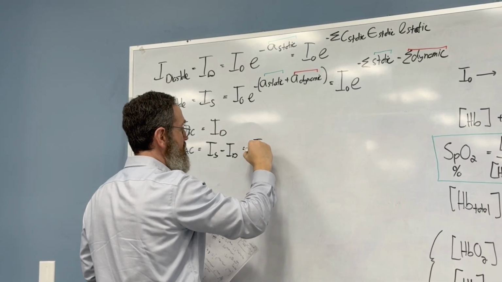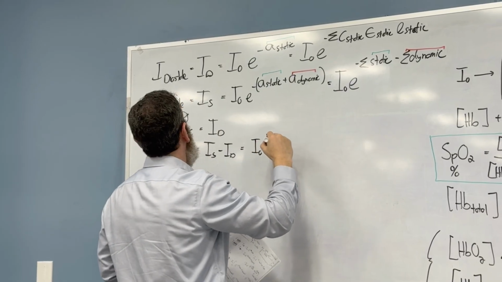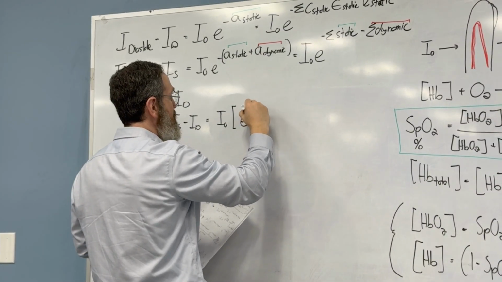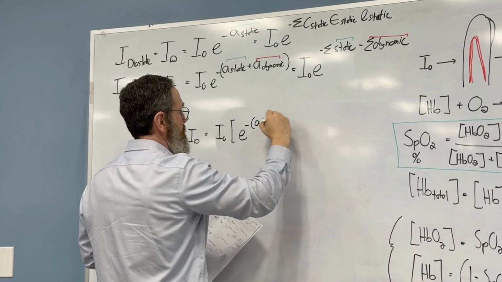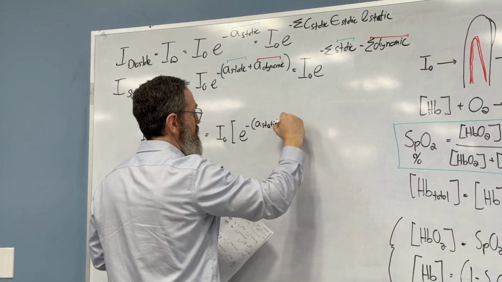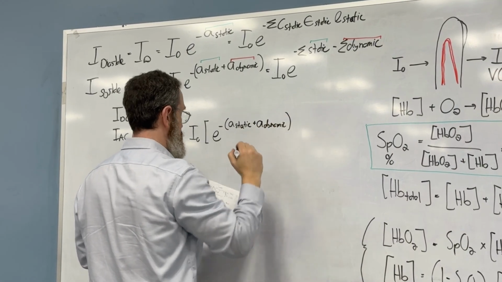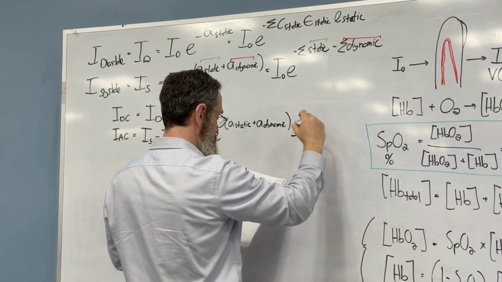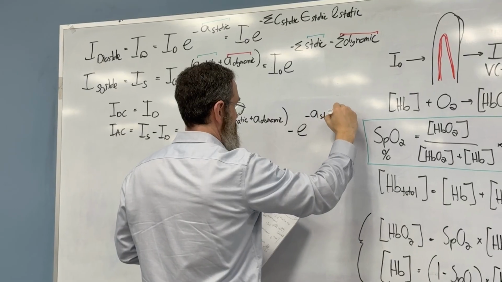It's going to equal I sub 0 times e to the minus a static plus a dynamic, minus e to the minus a static. Okay.